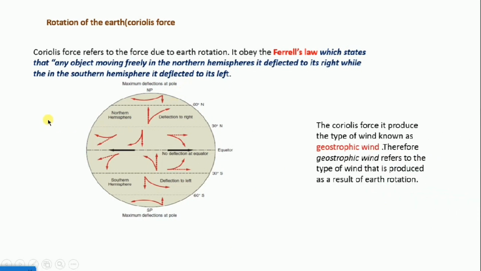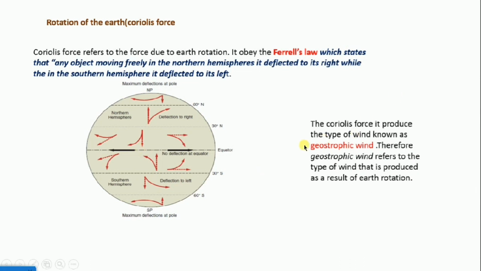The Coriolis force produces a type of wind known as geostrophic wind. By definition, geostrophic wind refers to the type of wind that is produced as a result of earth rotation.